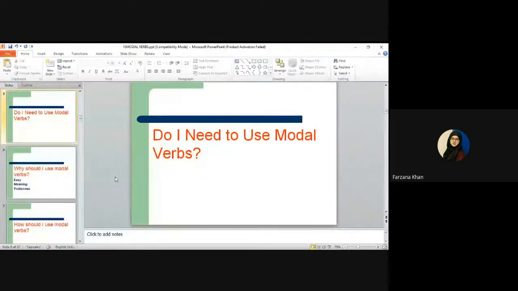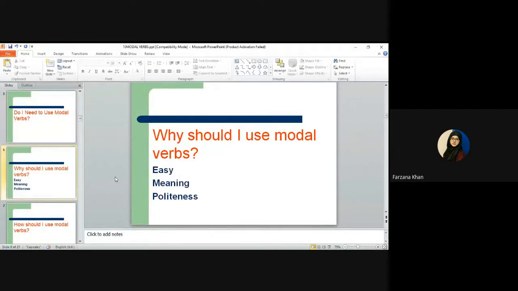As I have already told you, modal verbs open up a whole new way of speaking and writing with their ability to quickly change the meaning of a verb and a sentence. It also gives you an opportunity to make your requests polite, to make your speech polite in front of your audience, and to prove yourself as a good speaker. Right? That's why you need to use modal verbs.